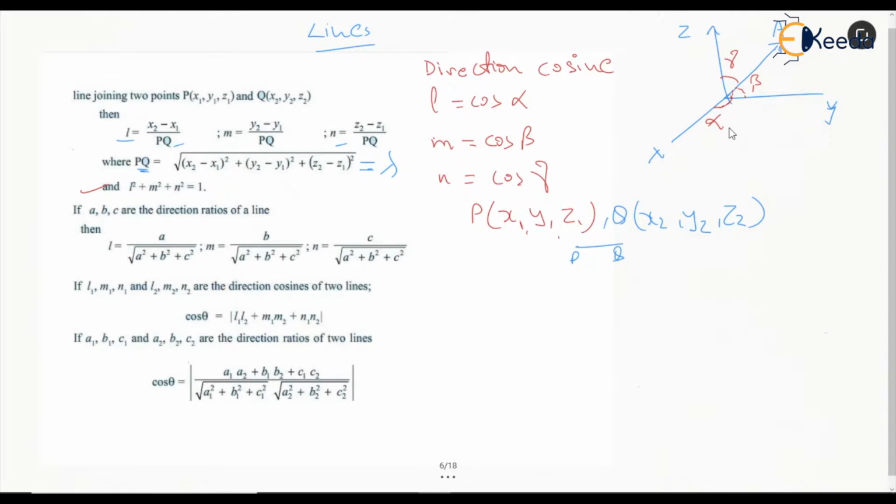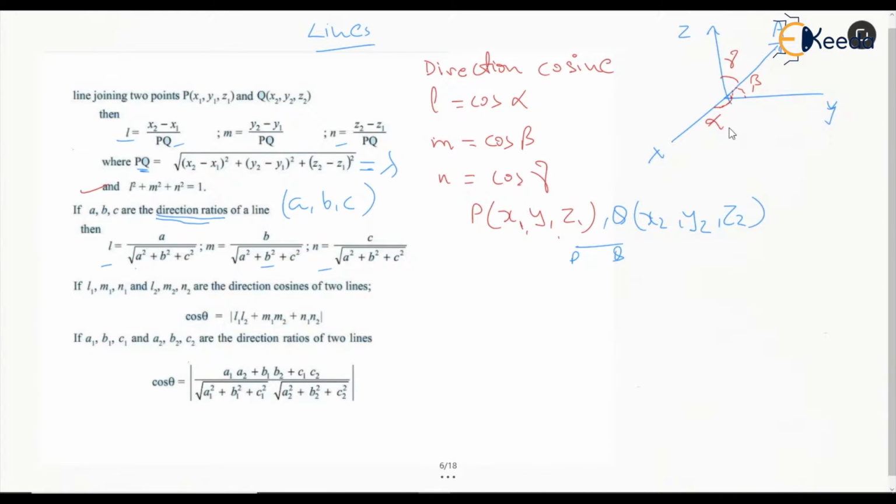In terms of Cartesian components, it is going to be this. Let's say the line joining PQ we have formed has the components A, B and C. These are the components of the line joining these two points, and in that case L is going to be A by under root of A square plus B square plus C square, and then M and then N. These three are going to be the direction cosines.